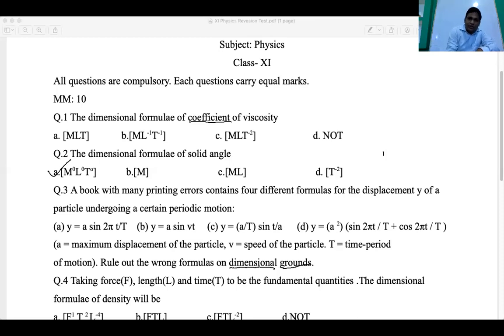In the first part, y is the displacement, and a is the maximum displacement. And this is theta, and this theta will be dimensionless.